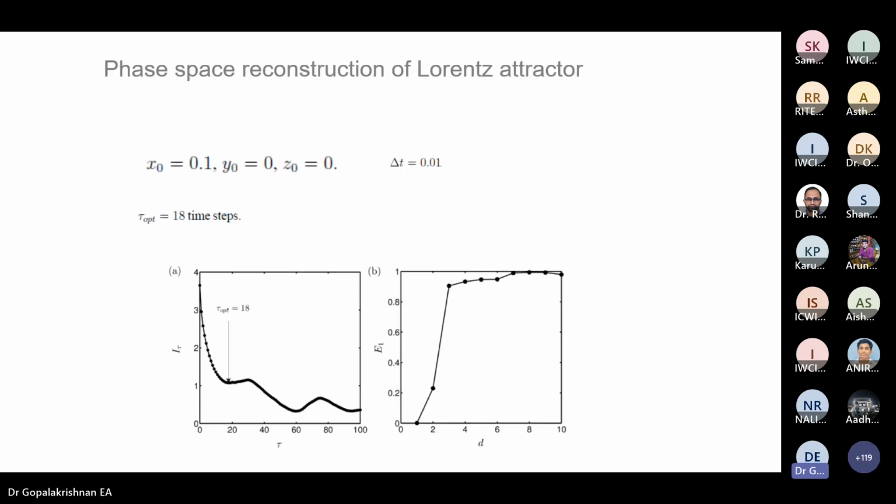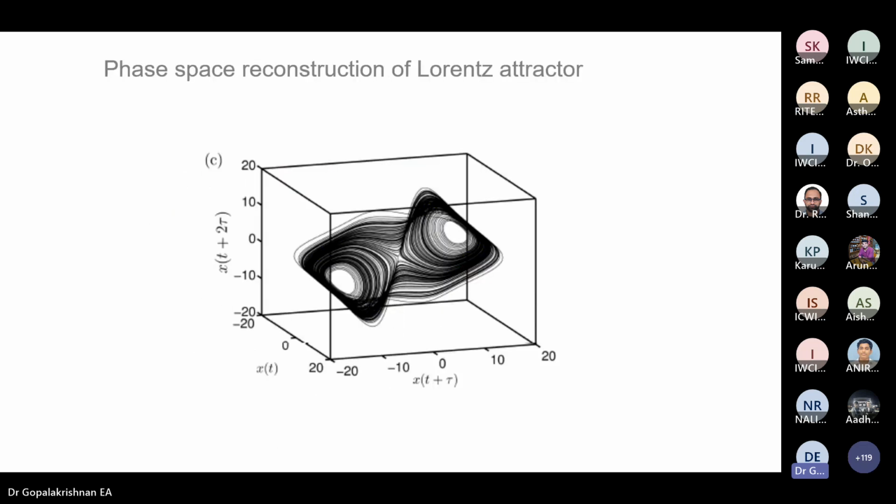So here is the famous example of what is known as the Lorenz attractor. Definitely you have heard of the butterfly effect or Lorenz butterfly. This is related to a system in which you have three ordinary nonlinear differential equations, and when you plot them in the phase space of x, y, z, you get a butterfly-like shape.